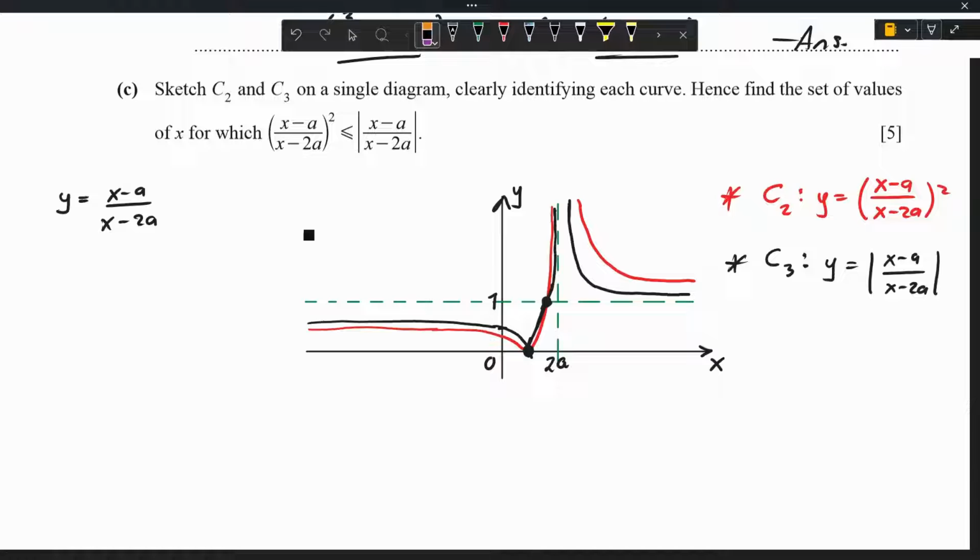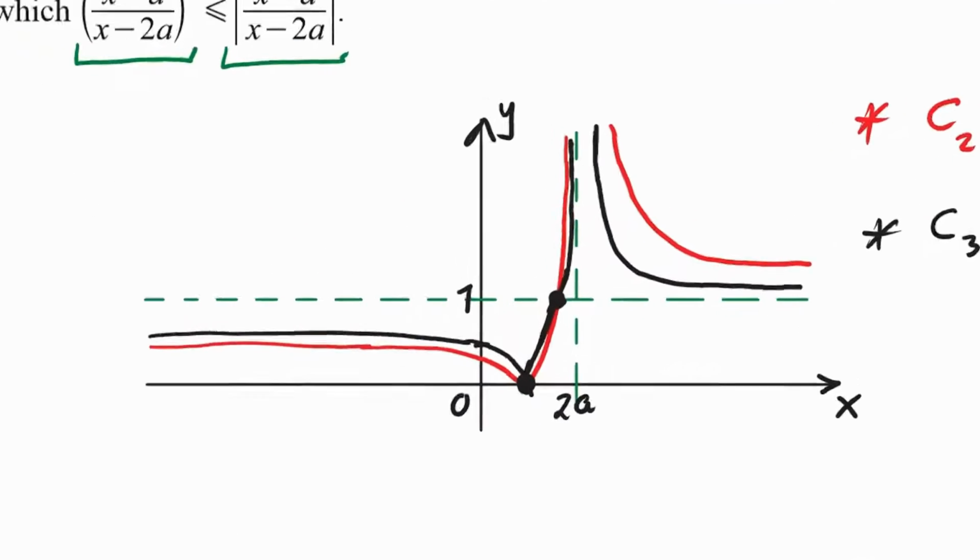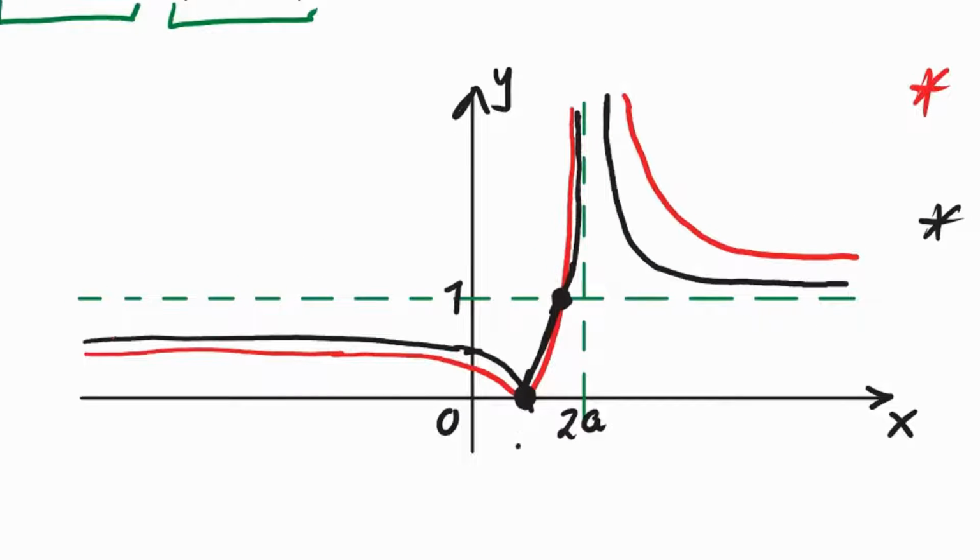Now, the question says, hence find the set of values for which the squared graph is less than or equal to the modulus graph. Less than means vertically below, all right? So relative to the points of intersection, we have two of them, this point of intersection and this point of intersection.